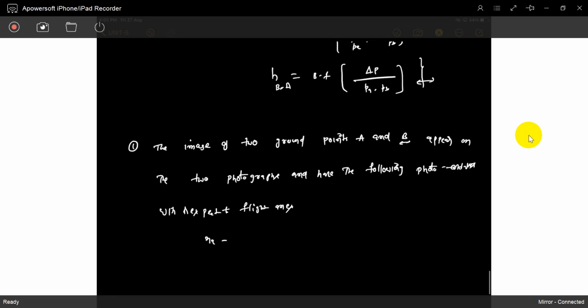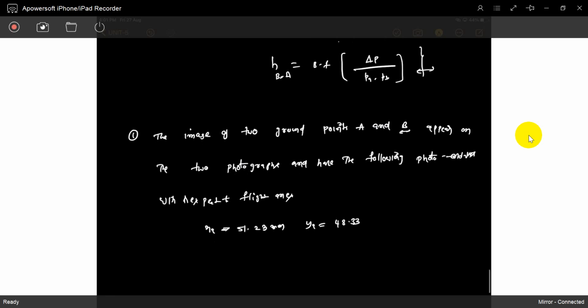So XA 51.23, YA 48.33, XB 91.48 mm, YB 51.63 mm.